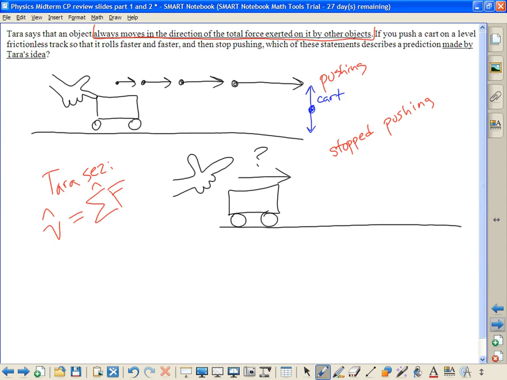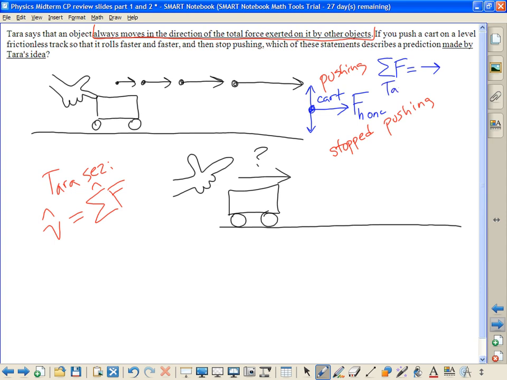I'm going to start the force diagrams. Vertical forces are balanced, so we can ignore those. There is a force of hand on cart. So for pushing, we see that the total force goes in this direction.